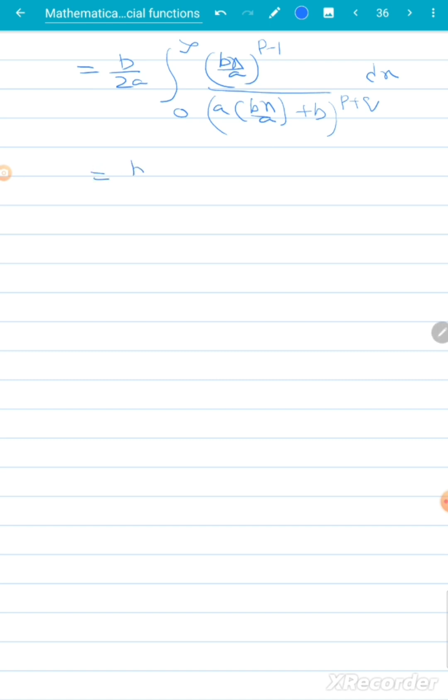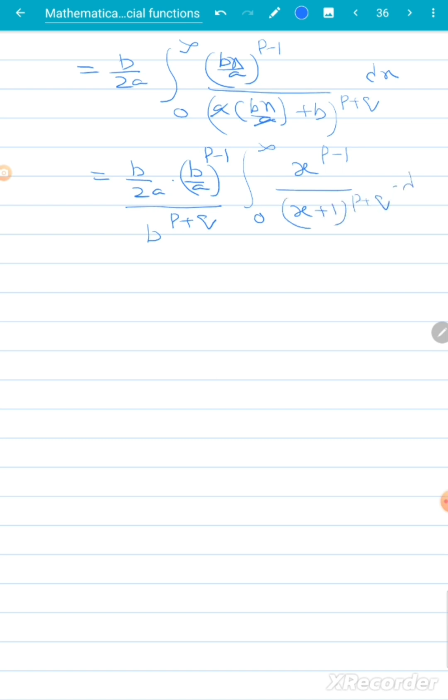So this is equal to b by 2a and b by a to the power of p minus 1, and a gets cancelled, and here the integration 0 to infinity x to the power of p minus 1, b is common, by b to the power of p plus q, by x plus 1 to the power of p plus q into dx.